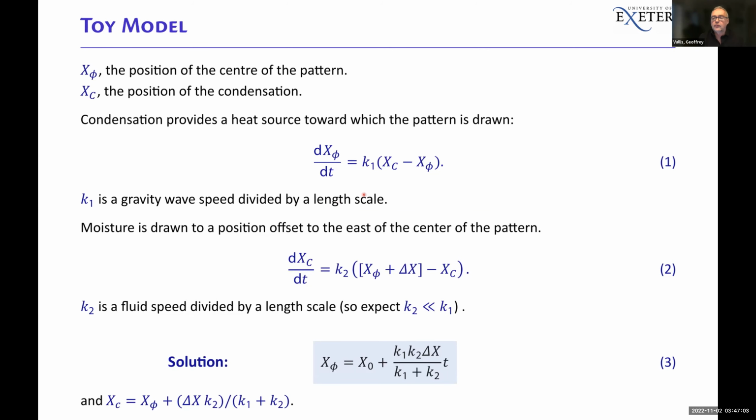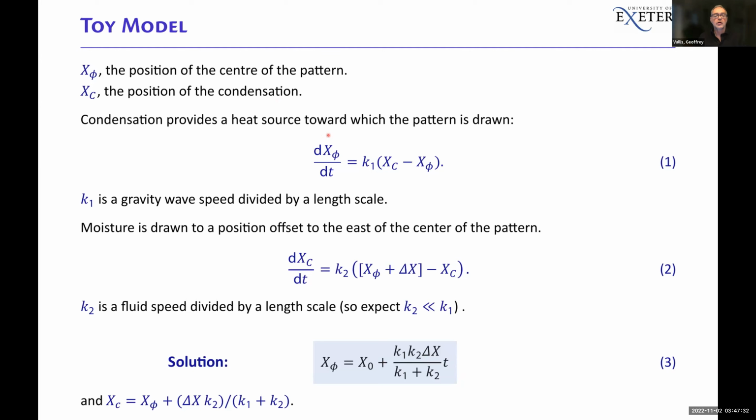So here's a little toy model for those who like ordinary differential equations, with two variables: x sub phi, the position of the center of the pattern, and x sub c, which is the position of the condensation. So the condensation provides a heat source which generates the pattern.